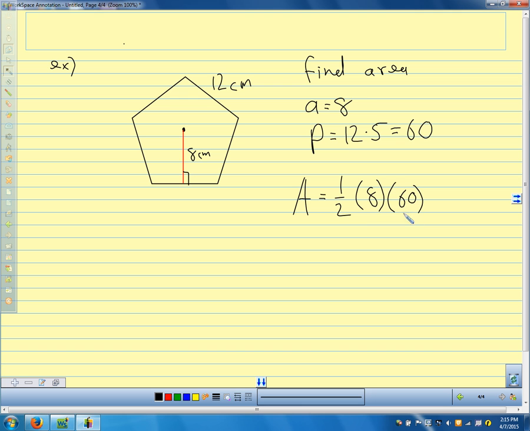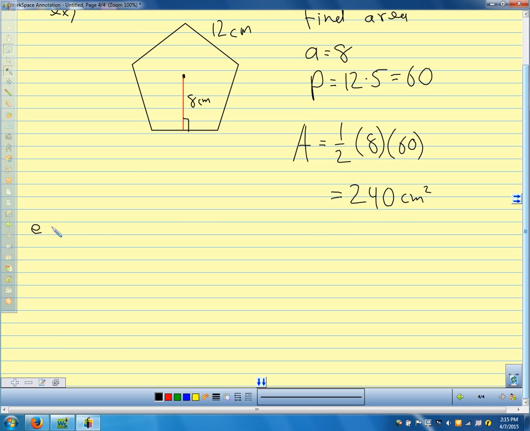And 1/2 is the same as dividing by 2, so I could divide one of these by 2 and then multiply everything together. When I do all the work, I get 240 square centimeters. All right, questions there? So this is about the easiest example.